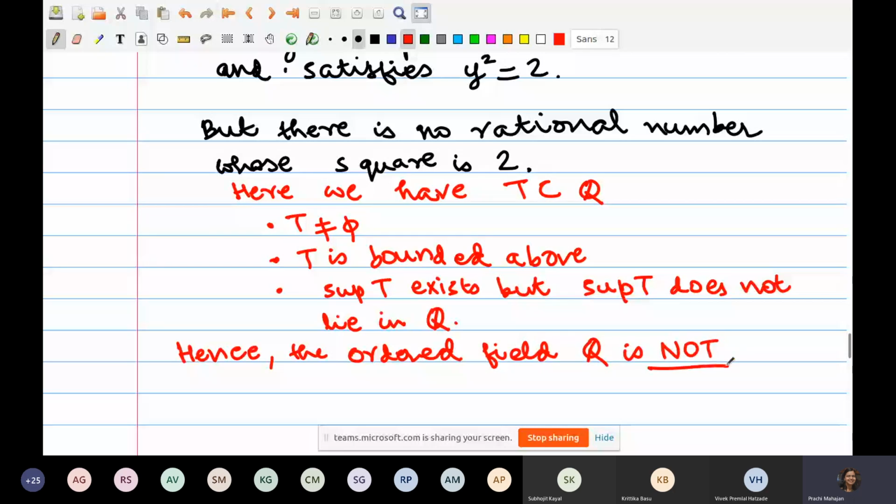There's a not here. So the set of rational numbers has the algebraic properties, and it also has the order properties, but it fails to exhibit the completeness property, which is very crucial to the set of real numbers R. Is that okay?